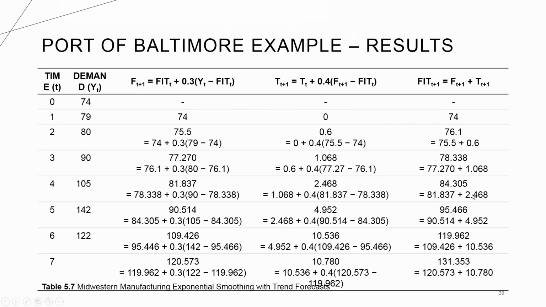You get all these little values, and you can see that all of the estimates are low. Why are all the estimates low? I thought the trend adjustment was supposed to fix that. Well, this is the problem with having to start with a 0 for trend. If you start with a 0 for trend, you adjust it pretty slowly.